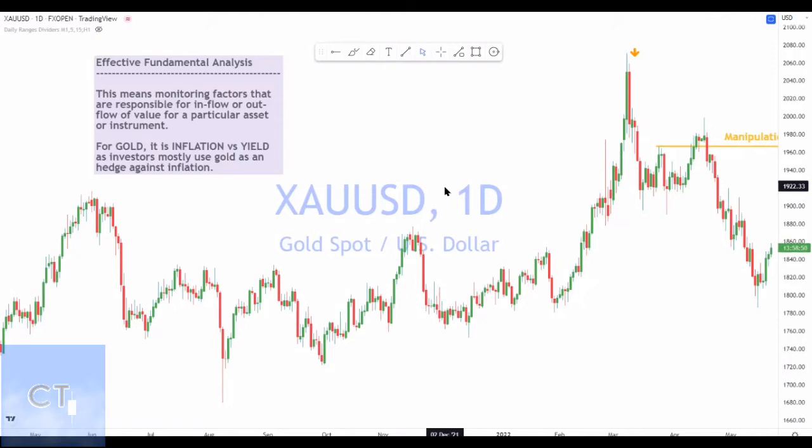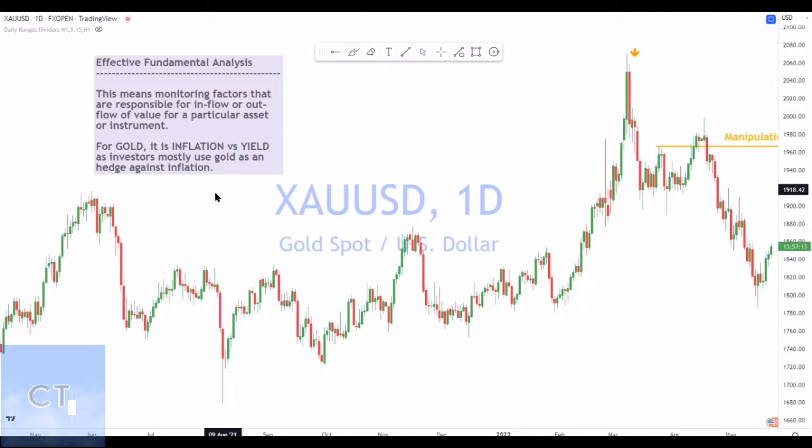But if you have inflation rising faster than yield, it means that investors will want to seek the protection of gold against that inflation, because inflation actually causes money to lose value.